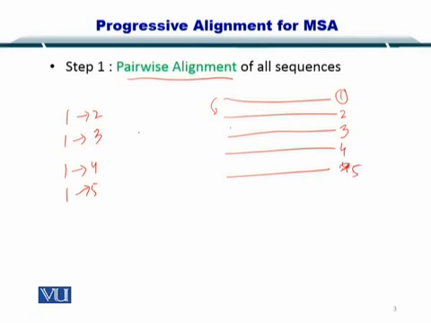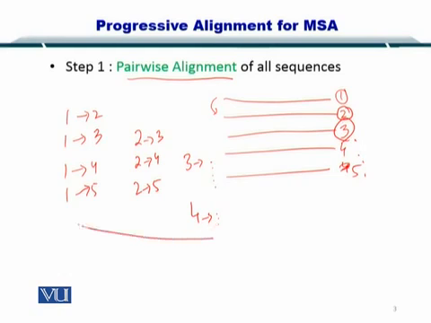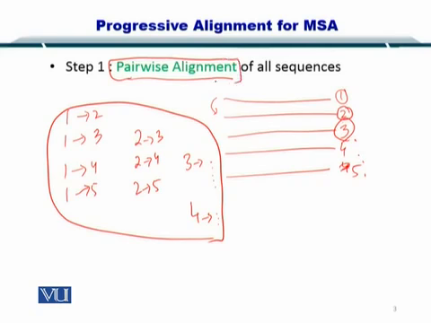In this way, sequence 2 will also be aligned with all other sequences, and this process will continue until all the sequence alignment combinations are created. Once you have these combinations of alignment, you're ready to move to the second step.